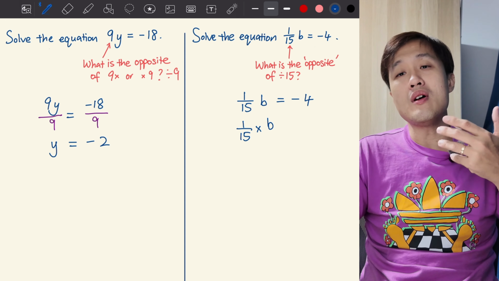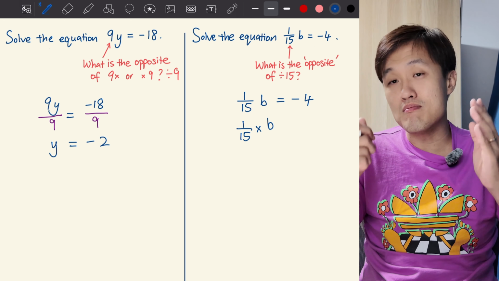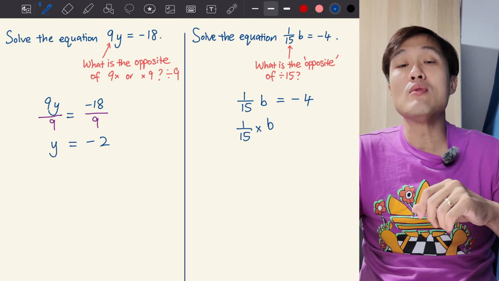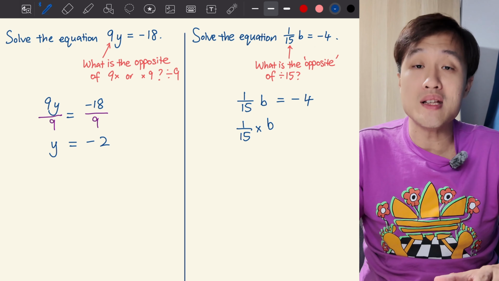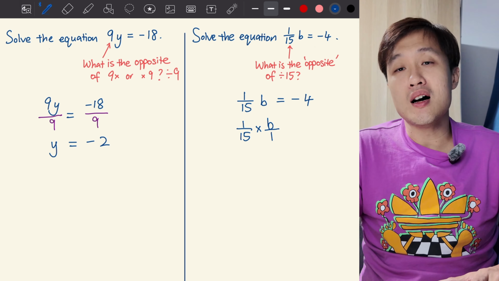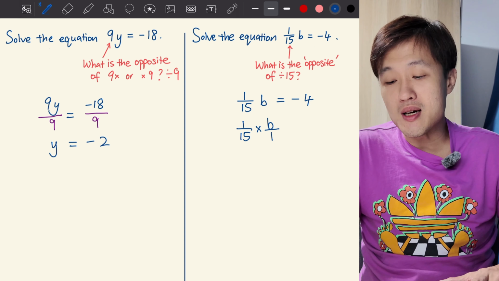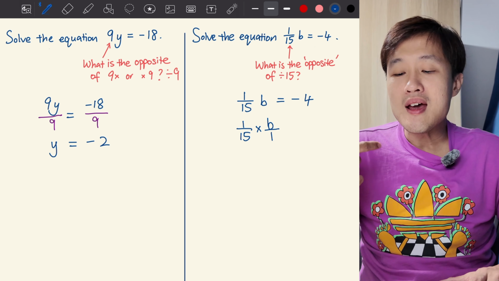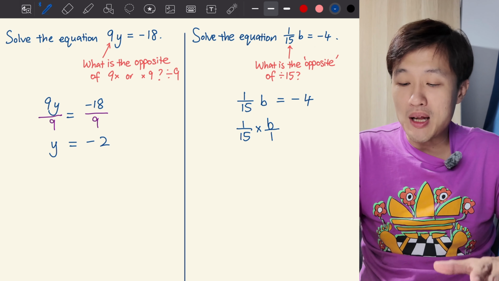And as we know in fraction multiplication, we're actually multiplying the numerator with the numerator, denominator with the denominator. So we need to put in a denominator for the b, which means b equals b over 1. Only then can we multiply.